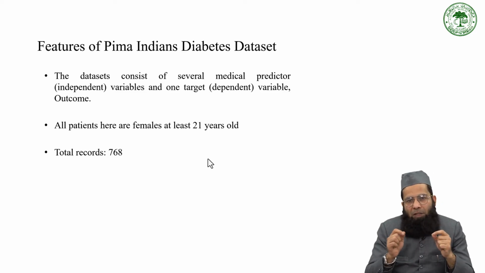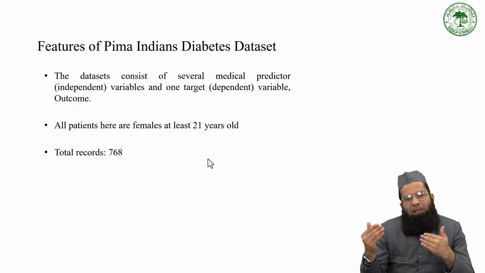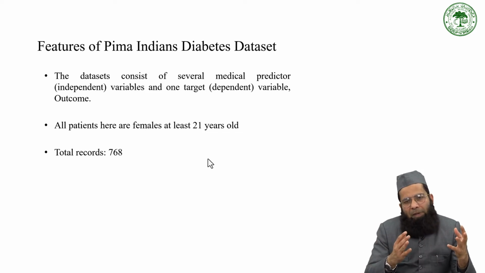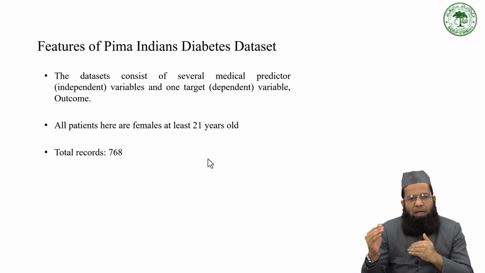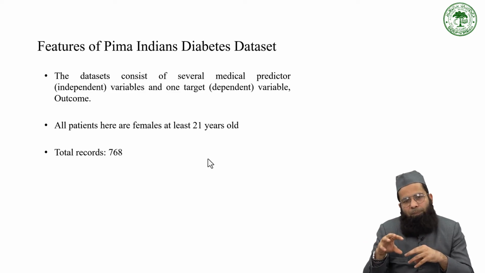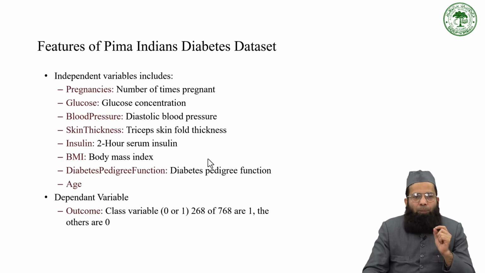The dataset consists of several medical predictor independent variables and one target, that is the dependent variable, in the form of outcome. All patients here are females at least 21 years old. The dataset contains 768 records of female patients who are at least 21 years old.